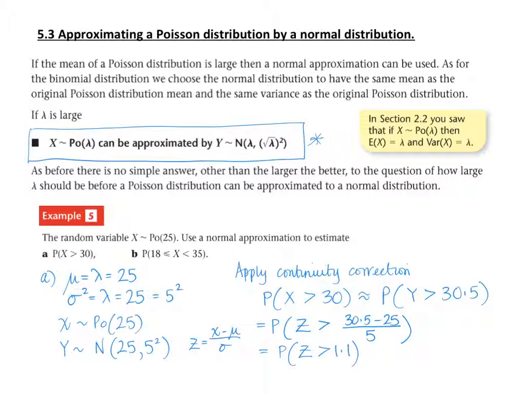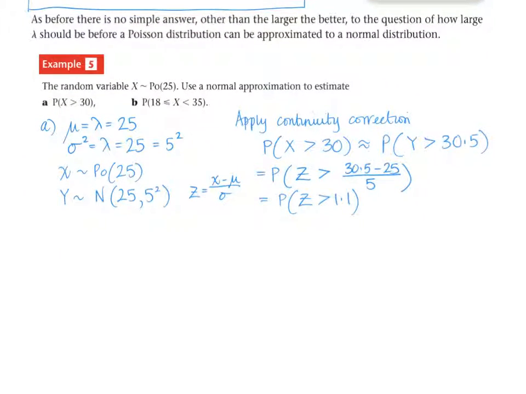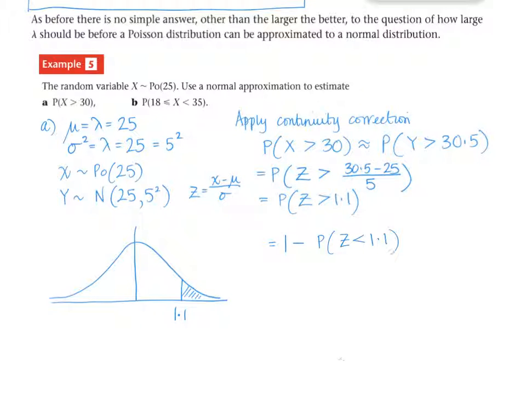At that point you would draw your diagram, please. So take a little bit of space at the bottom and draw our diagram for that. So it would look something like that, using our normal distribution diagram. So from there it's equal to 1, which is the whole area, take away everything below 1.1, so we can get that from the tables.